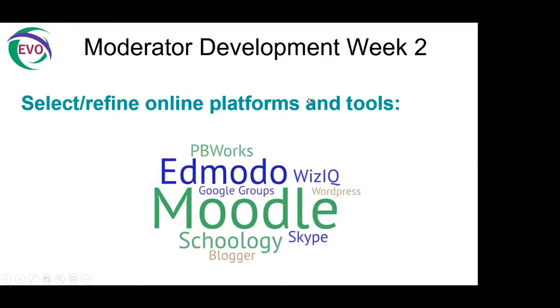So online platforms. Zoom is free for unlimited participants, but with a time limit of 45 minutes. I don't think WizIQ is free at all. How many participants can you have for longer than 45 minutes in the free version?